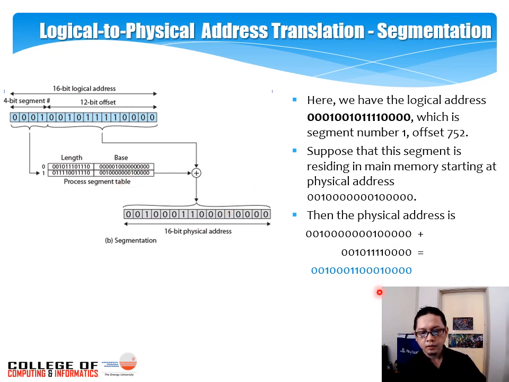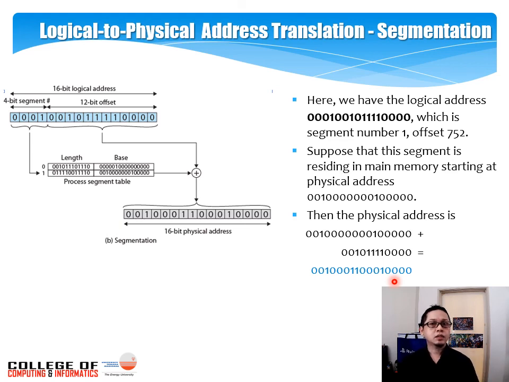The result will be the actual physical address of the main memory for that segment. Remember, in the page table or paging method, we are actually just swapping the value that you find from the reference. But in segmentation, we need to add the value that we found in the segment table. That is pretty much the difference.